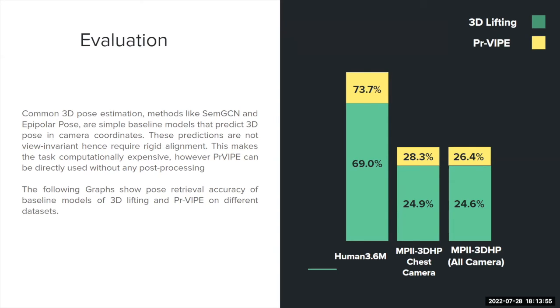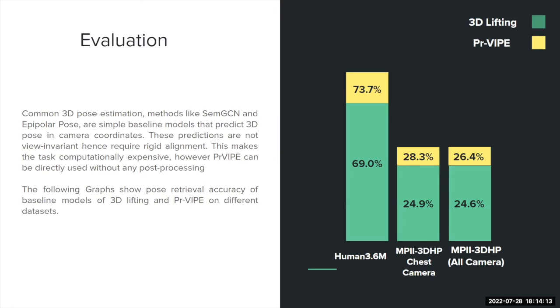Common 3D pose estimation methods, such as the simple baseline used for comparison, SemGCN, and EpipolarPose, predict 3D poses in camera coordinates, which are not directly view invariant.